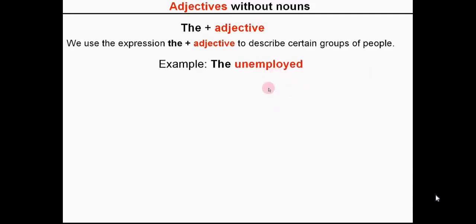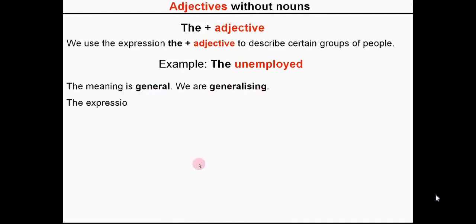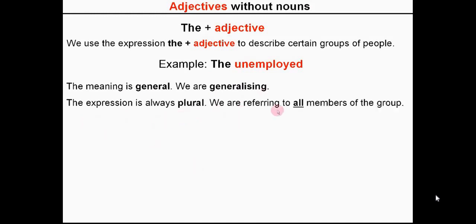So the adjective unemployed means without a job. And so the expression is general, so we are generalizing. And the expression is always plural. We are referring to all members of the group.